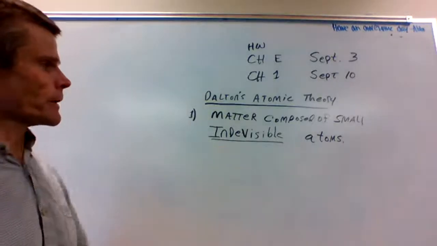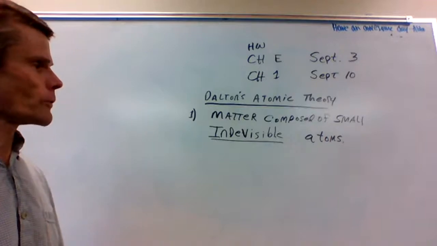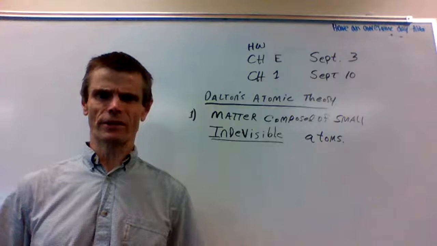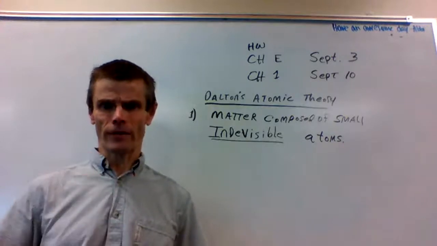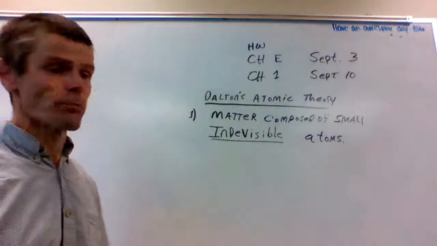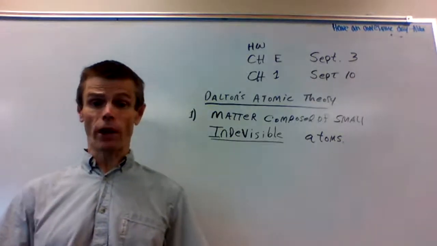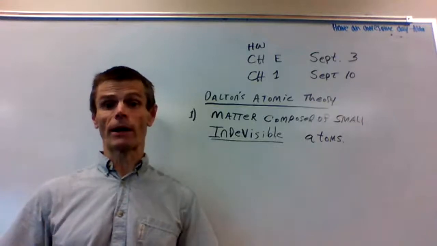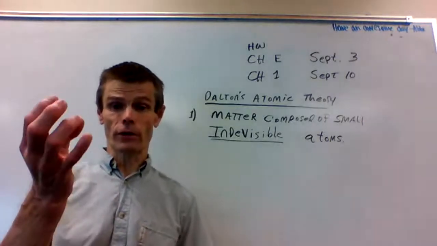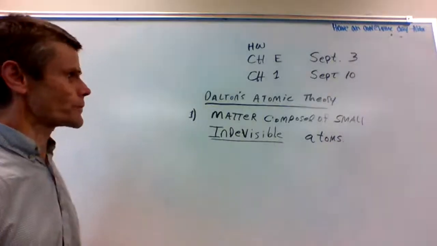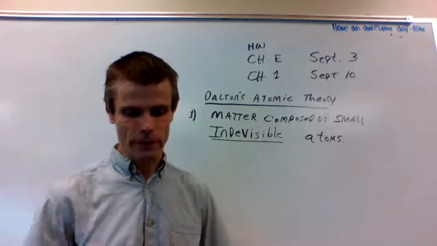So this is a postulate of Dalton's atomic theory that we later learned is not necessarily true, and we had to modify this definition. What we know today is that matter is composed of small atoms, and these atoms are divisible. They have subatomic particles. Three that we're going to learn about later are the electron, the neutron, and the proton. So that's the first postulate.